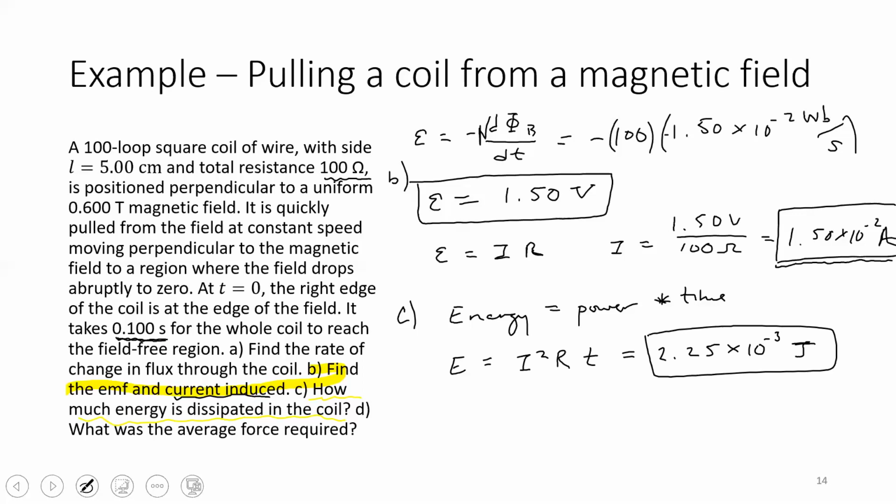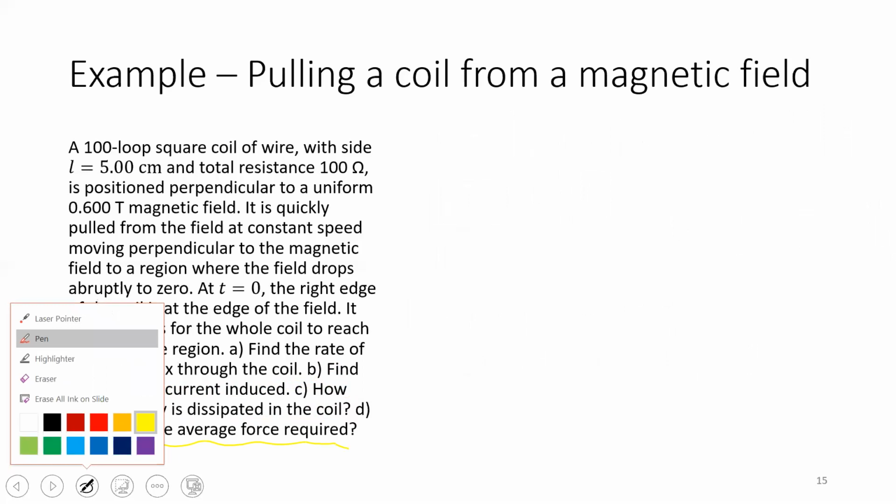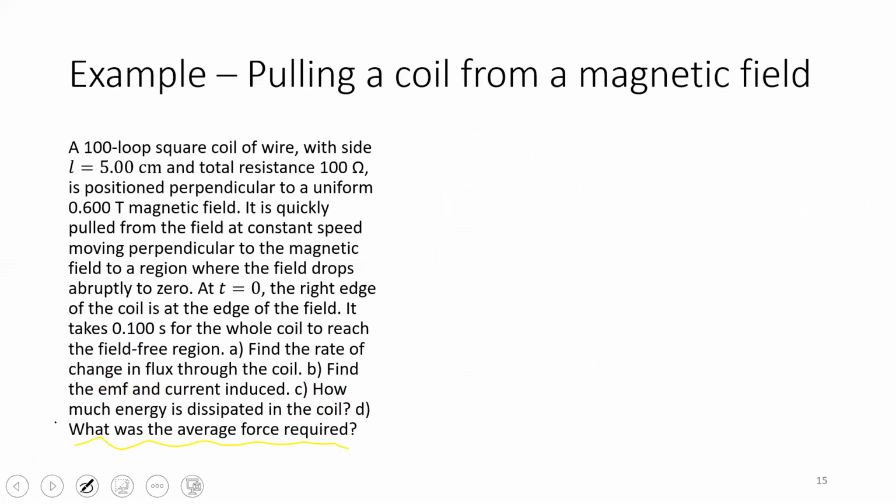So then finally, we want to do part D. What was the average force required? So let's get ourselves another page to find part D. What was the average force required? When we are trying to figure out force, remember, we could use the work energy principle.